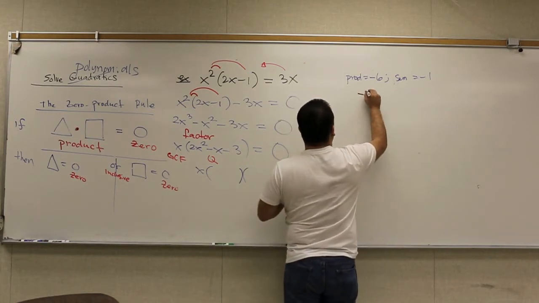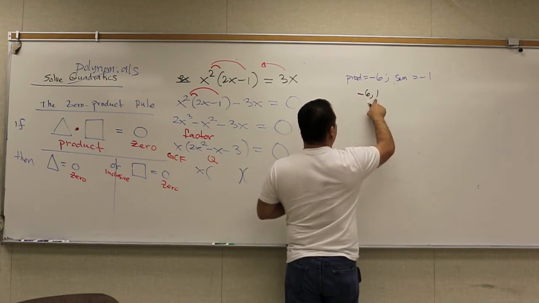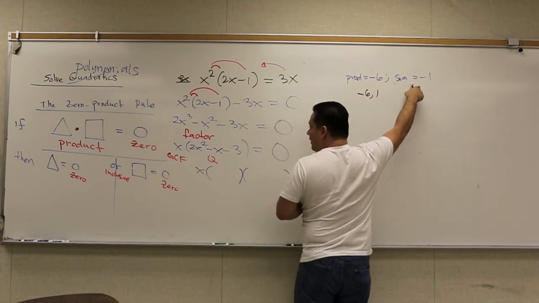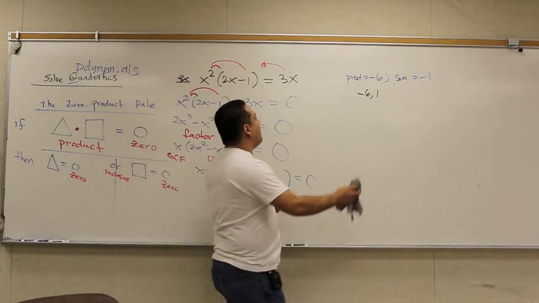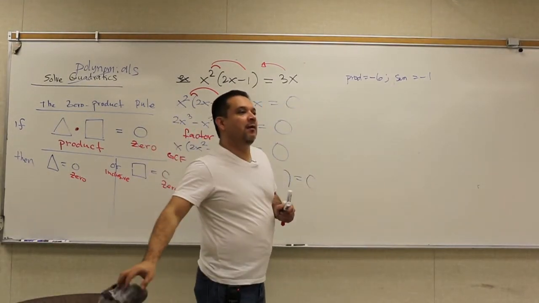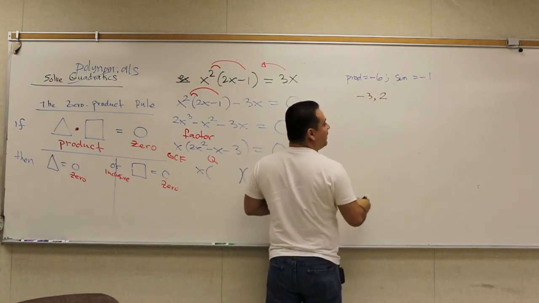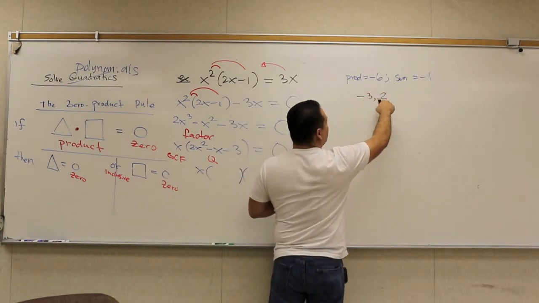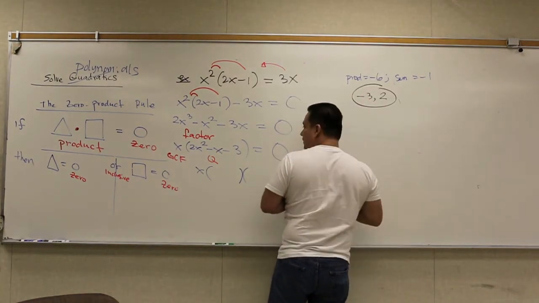Negative 6 plus 1. Anybody second that? Well, negative 6 times positive 1 is negative 6, but the sum is not negative 1. Negative 3 plus 2. You say, what are you talking about? Yeah, I got to go through the recipe. Multiply negative 3 and 2, you get negative 6. Negative 3 plus 2, negative 1.